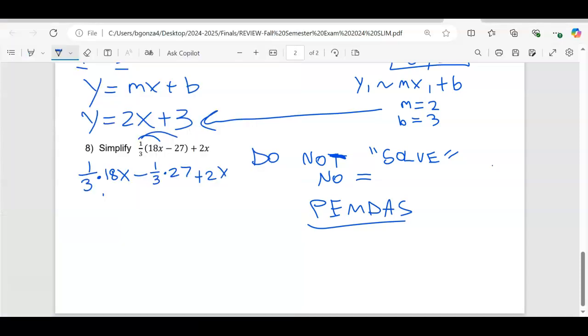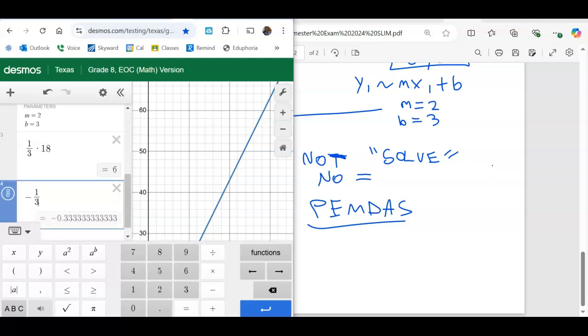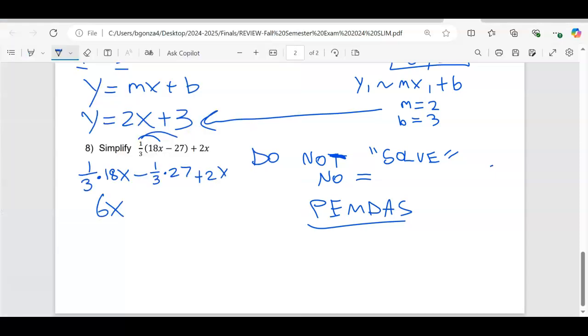Bring the x with it. And then what's negative 1/3 times 27? -9. So -9. Bring down plus 2x.